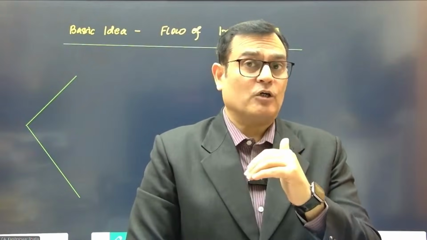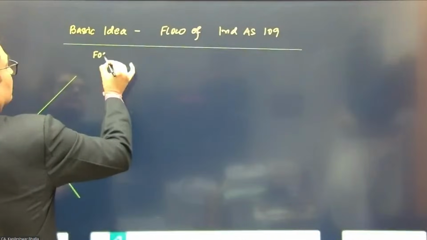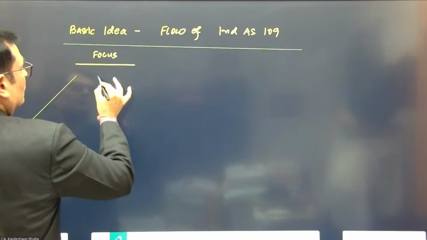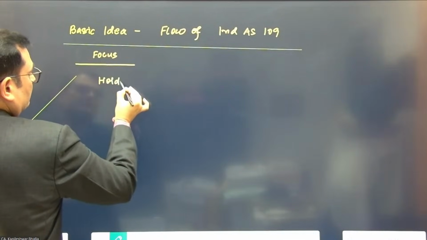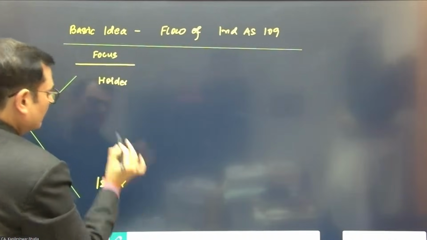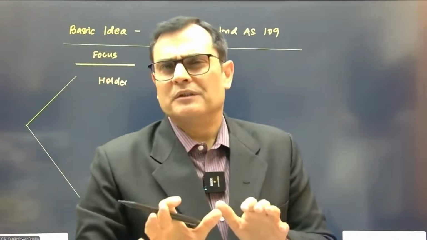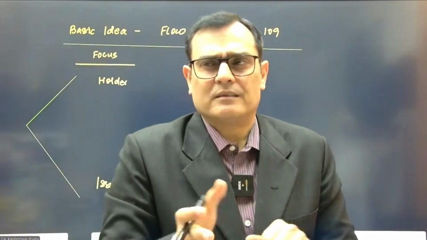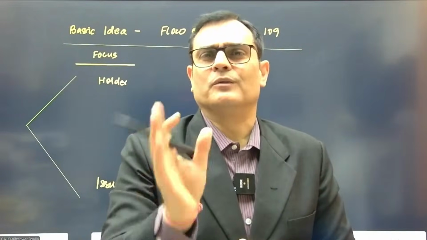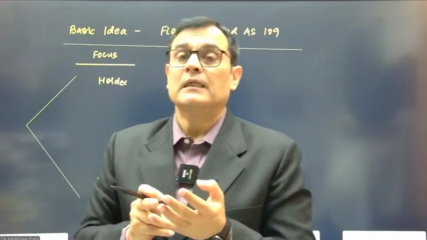But as we kick off Ind AS 109, my focus is now on the holder. Of course, we'll come to the issuer as well, because we're yet to discuss the accounting of financial liability. We don't need to do the accounting of equity instruments, accounting for equity shares, you know it very well. So we're not learning the accounting for equity instruments, but the accounting for financial liability is pending.